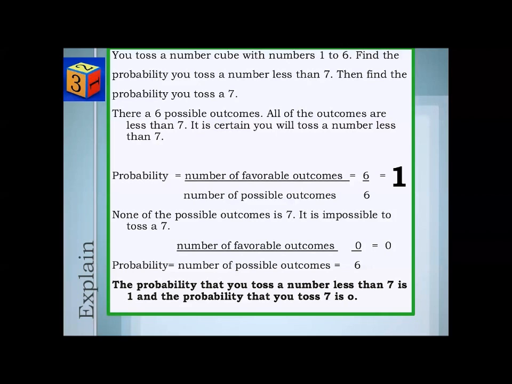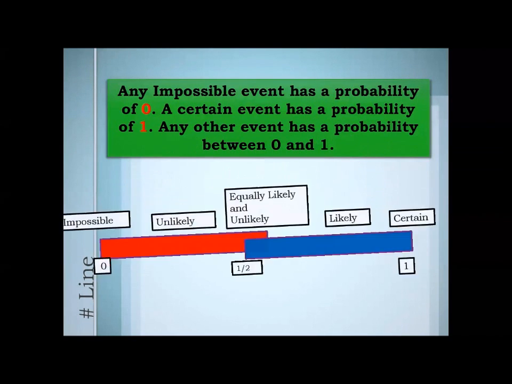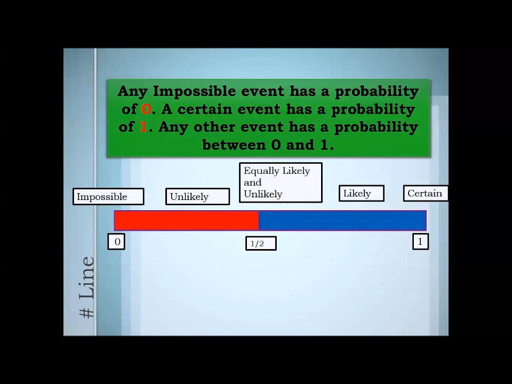Let's look further at a line called the probability line. Any impossible event has a probability of 0. So let's look at the line itself.